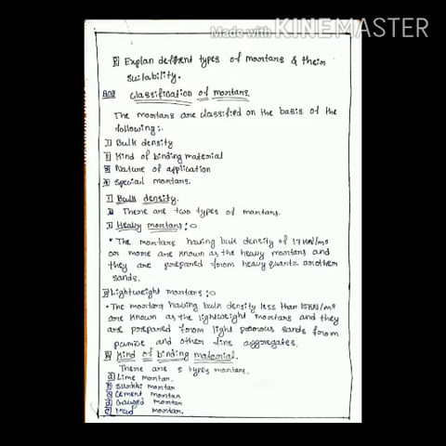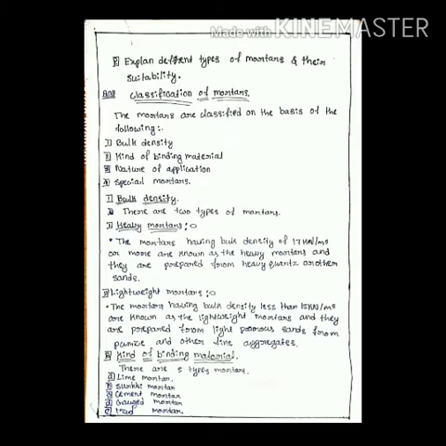Bulk density. On the basis of bulk density, there are 2 types of mortars. They are heavy mortar and lightweight mortar. Heavy mortars: the mortars which have bulk density more than 17 kilonewton per meter cube are known as heavy mortars, and they are prepared from heavy quartz or other sands.